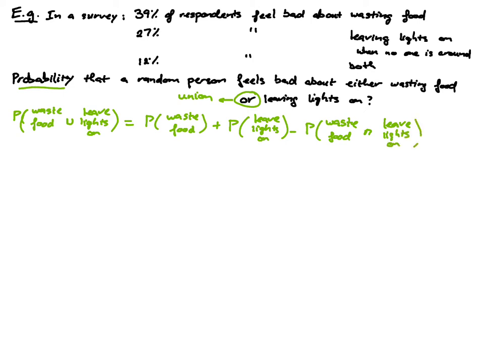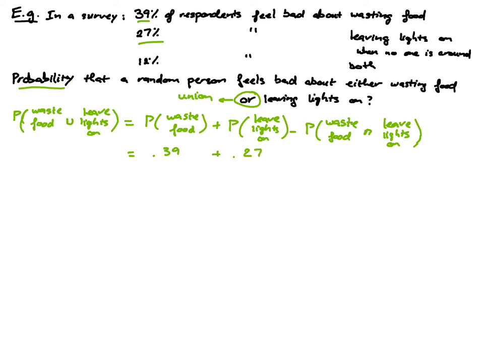Now, what's the probability of wasting food? The probability of wasting food is given to us in the problem, which is 39%. We know 39% of the respondents feel bad about wasting food. And so this is 0.39. The probability of feeling bad about leaving lights on is 27%. So this is 0.27.